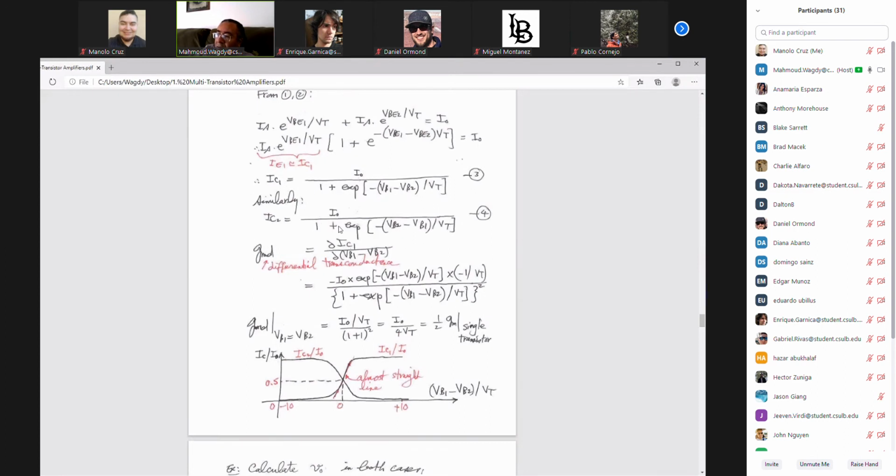You see? These are exponentials here. So these are hyperbolic functions, we call them. When you have a function full of exponentials, it's called a hyperbolic function.